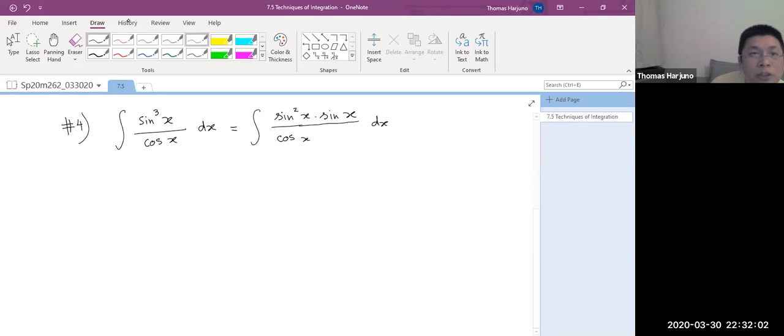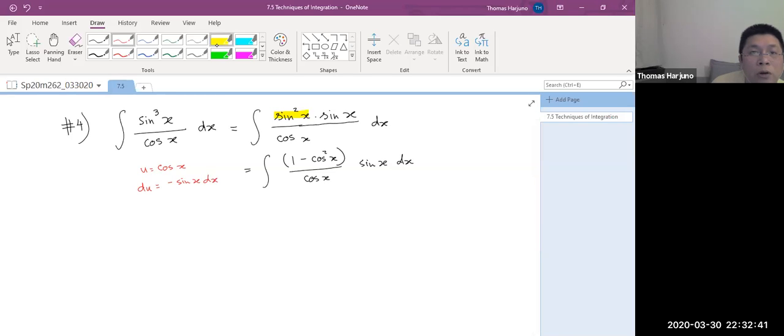Then I will change this sine squared x to become 1 minus cosine squared. So that would be 1 minus cosine squared x over cosine x, times sine x dx. And then I do the substitution, let u equal cosine x such that du is negative sine x dx.